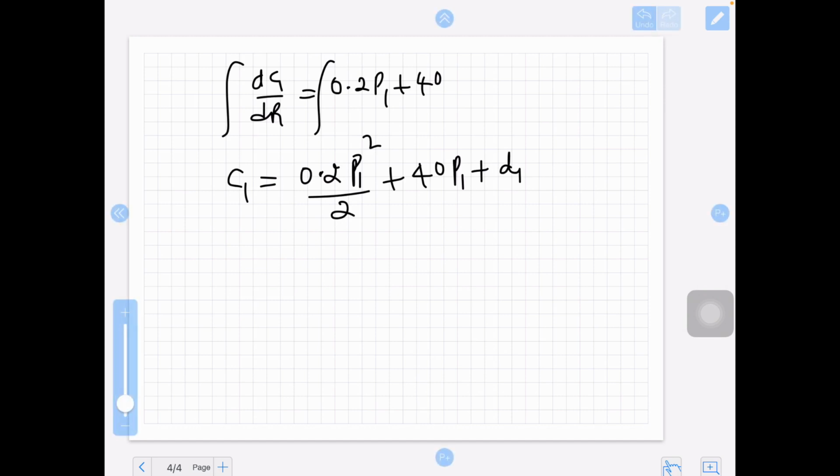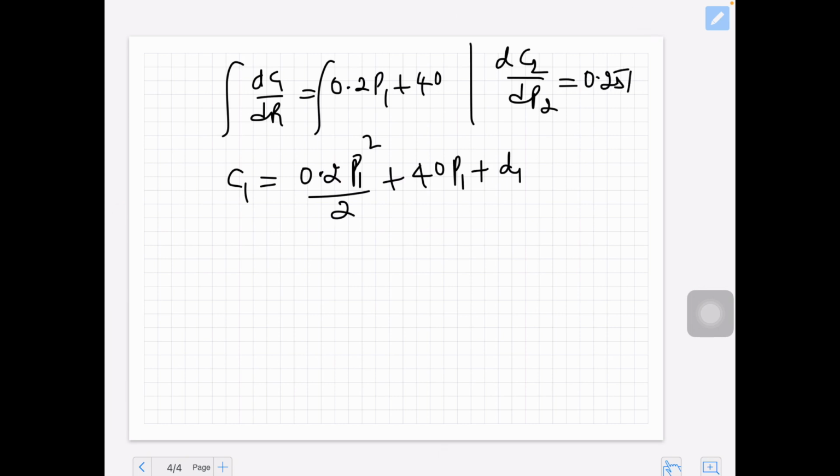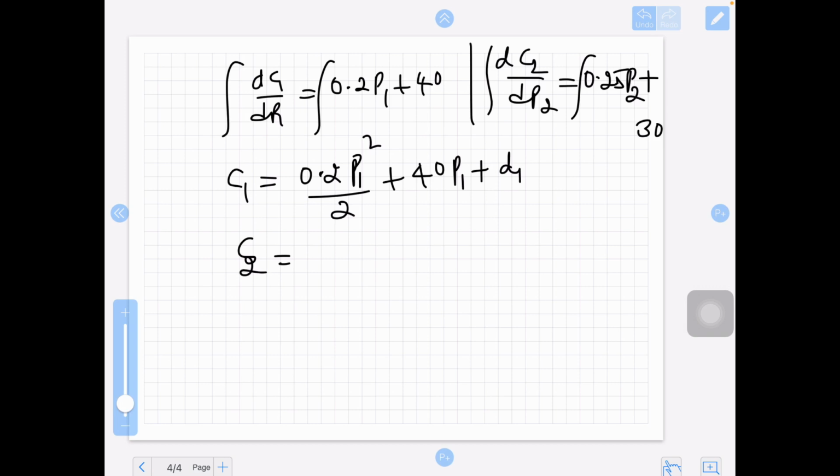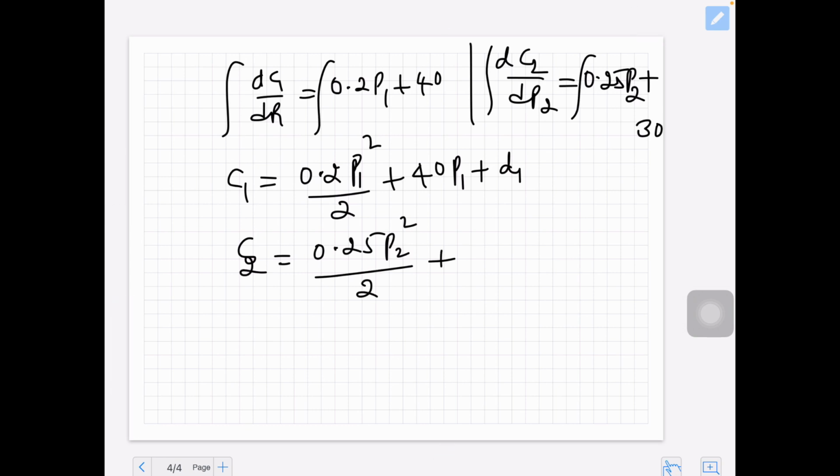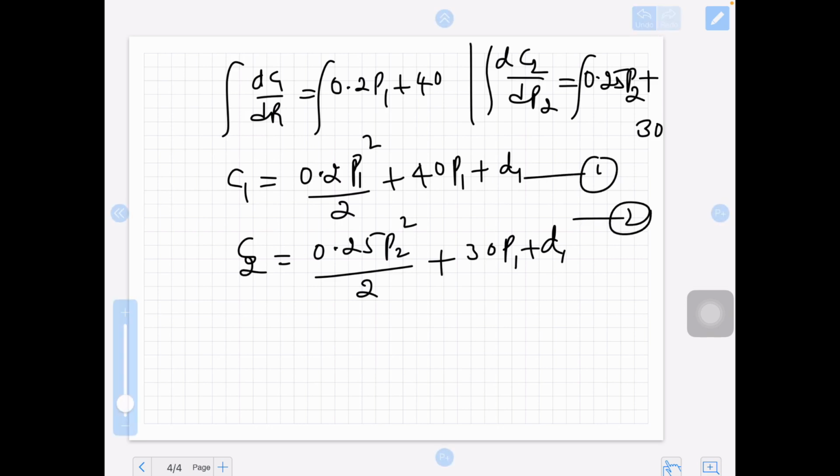Similarly, for the second, dC2 by dP2 they have given is 0.25 P2 plus 30. If you integrate both LHS and RHS, you will get C2, the cost equation for the second unit, that is 0.25 P2 square by 2 plus 30 P2 plus D1. So this is equation 1, equation 2.